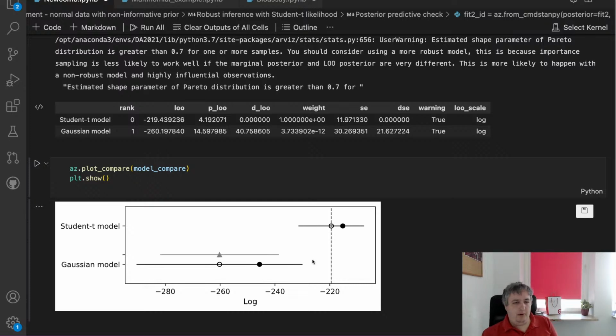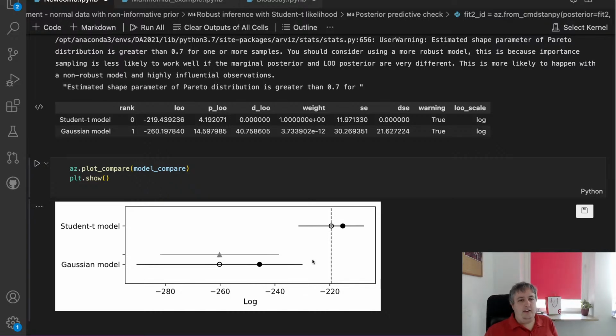So the greater the number of parameters, the worse the value of the criteria, so this is a lower number, a more negative number. But in the case of leave-one-out cross validation, this gives us a similar value numerically, but the interpretation of effective parameters is not as obvious.